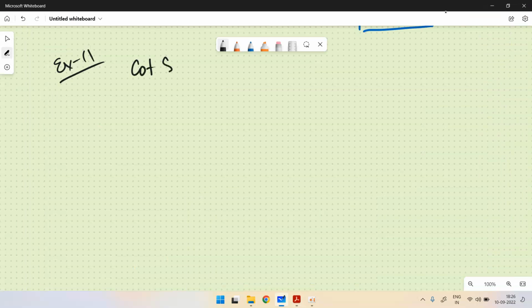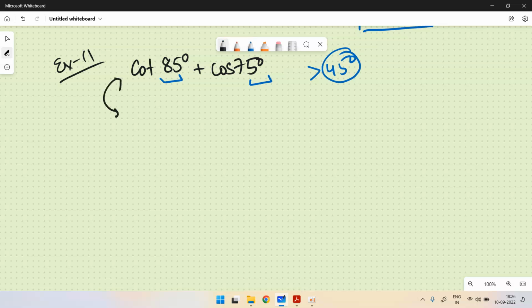Both angles are greater than 45 degree, so you need to convert them into their complement form. Cot is converted into tan, and cos is converted into sine.